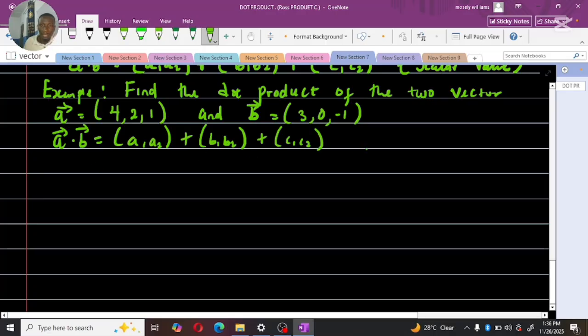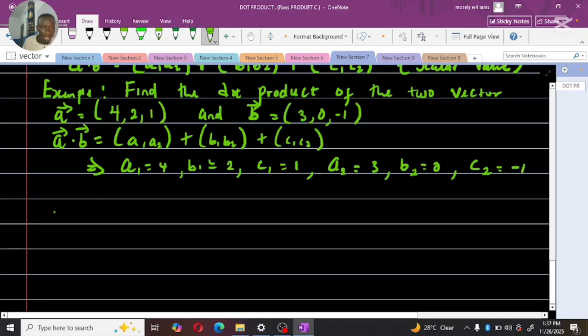So you can now see that A1 is equal to 4, B1 is equal to 2, and C1 is equal to 1. Also, A2 will be 3, B2 will be 0, and C2 will be minus 1.